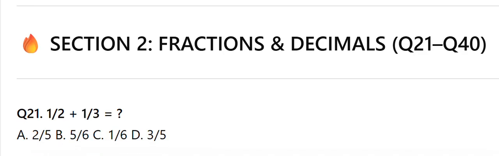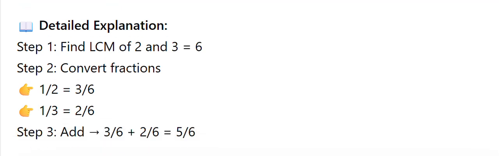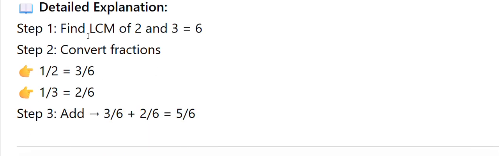Section 2, fraction and decimal, question number 21 to 40. 1 by 2 plus 1 by 3. Step number 1, we will find LCM of 2 and 3, which is equal to 6.